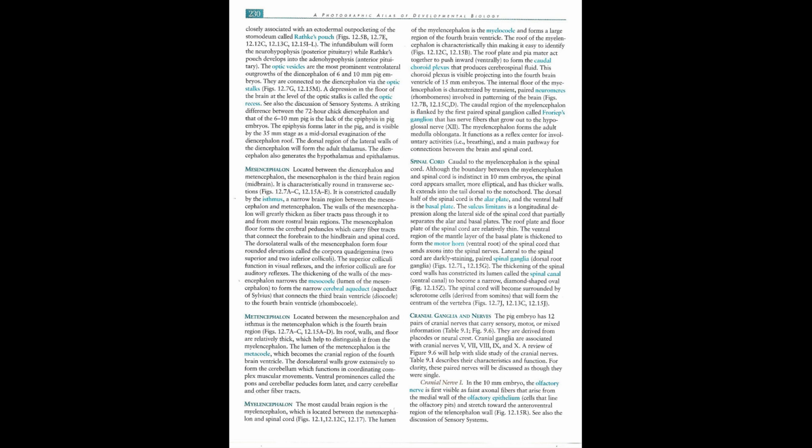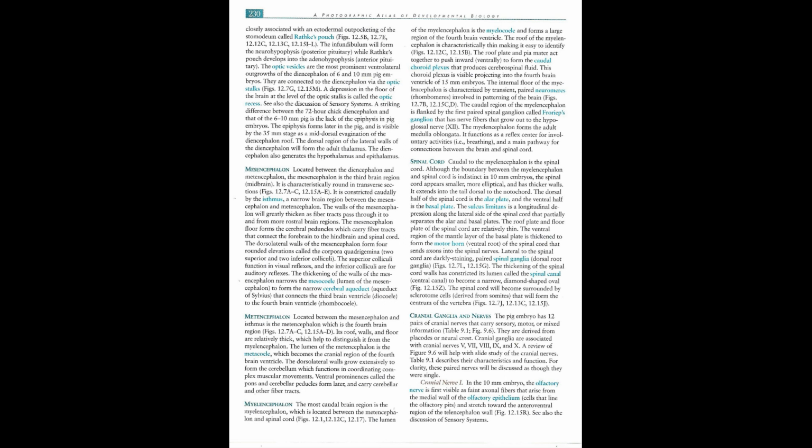The ventral region of the mantle layer of the basal plate is thickened to form the motor horn, ventral root, of the spinal cord that sends axons into the spinal nerves. Lateral to the spinal cord are darkly staining, paired spinal ganglia, dorsal root ganglia, Figs 12.7L, 12.15G.